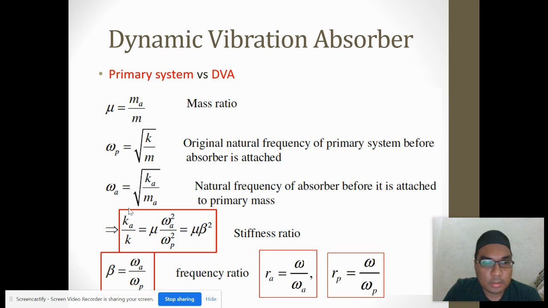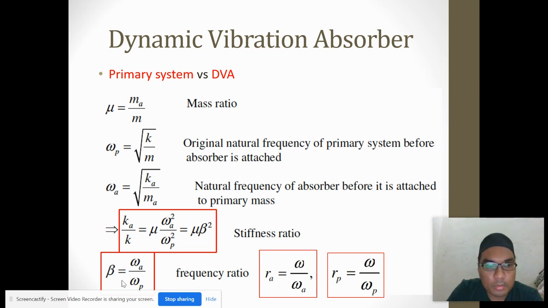Okay, so this is a more simplified form in terms of the stiffness ratio, Ka divided by K. When you use the equation omega equals the square root of K over M, you can have this more simplified form, and it will become omega beta to the power of 2.